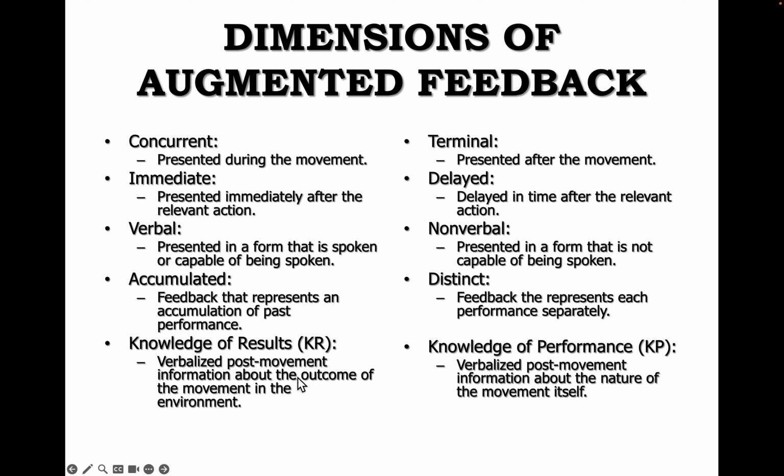And then finally, we have knowledge of results versus knowledge of performance. These mean similar things, but with knowledge of results we get information about the outcome of the particular movement. Versus knowledge of performance, we get information about the nature of the movement itself. And we'll talk in a little more detail about what these are in future slides.